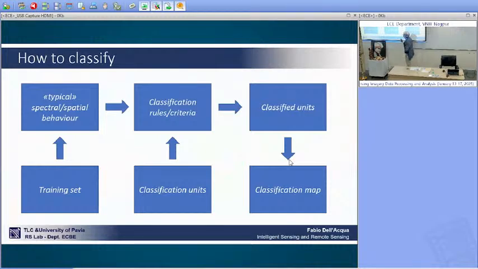And these classification rules will be the result of sourcing examples from the so-called training set, or I can also get rid of this part and just group the classification units by mutual similarity. I will discuss that shortly.